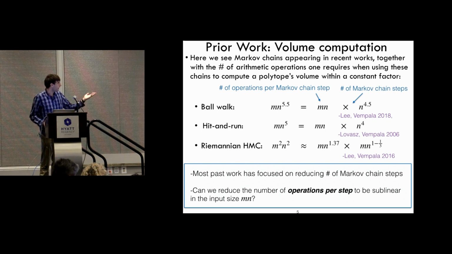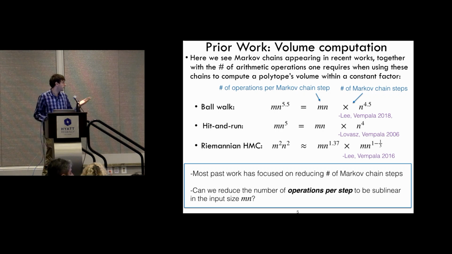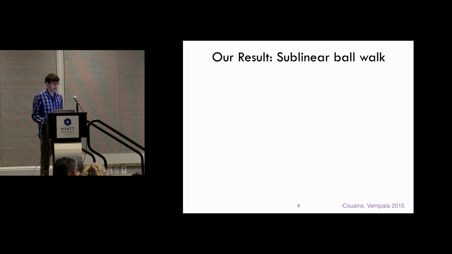All current Markov chains which can be used to sample from a polytope require a number of operations which is at least linear in m times n to compute each step. We would like to reduce this so that it is sublinear in m times n, and we are going to do this for the ball walk Markov chain.